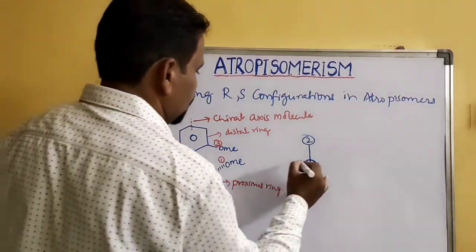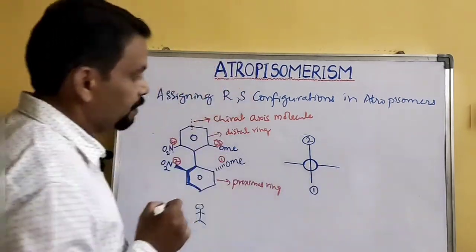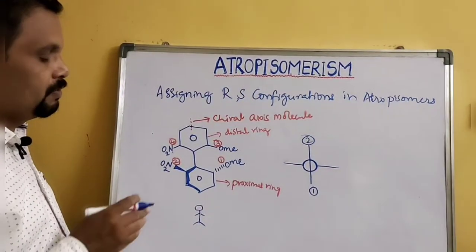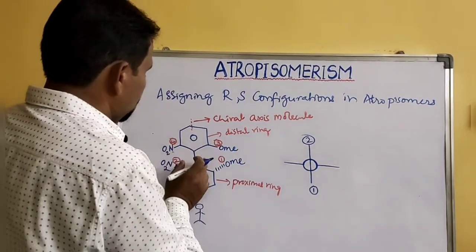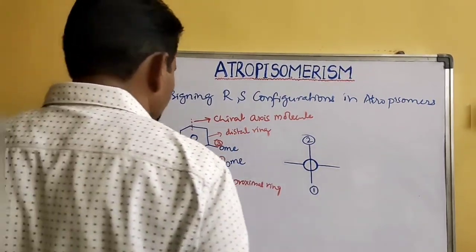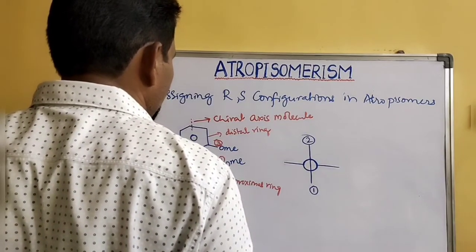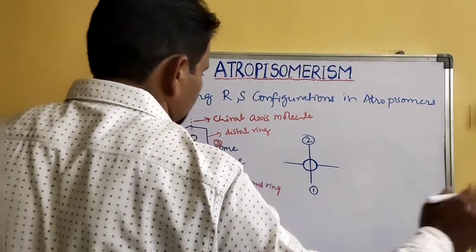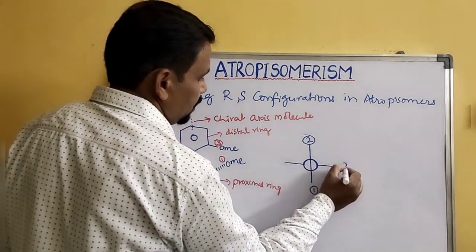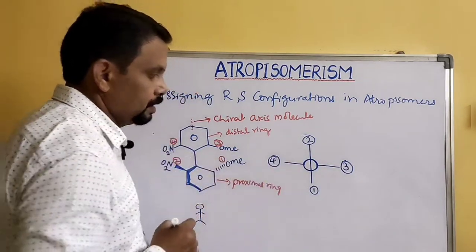The next, horizontal ring is away from you, it goes at the back. Now if you view this molecule, your left side is the nitro group, which is the fourth priority, and your right side is the third priority. So right side third priority and left side fourth priority.